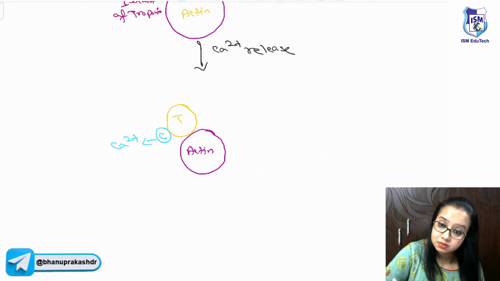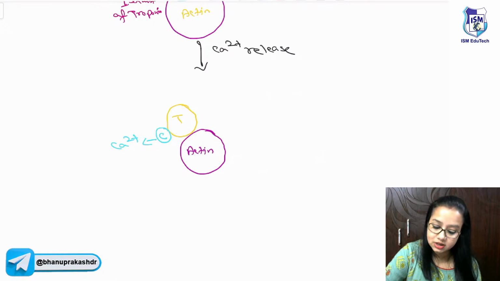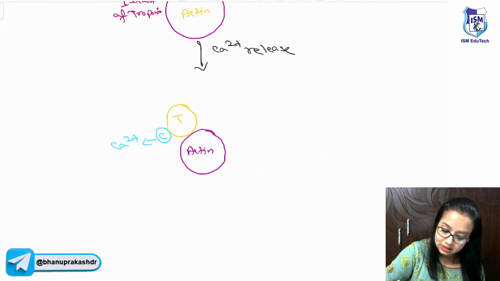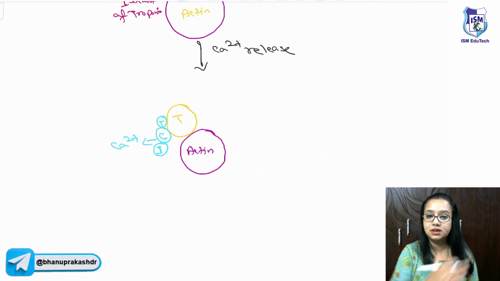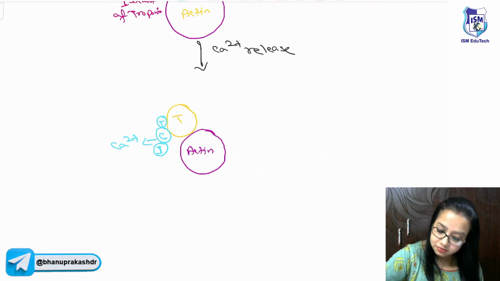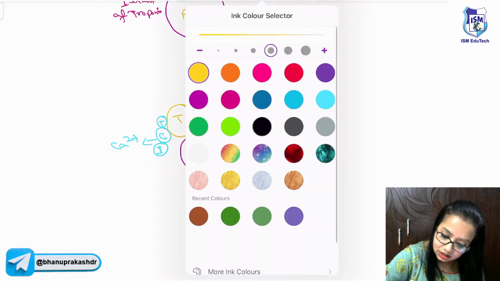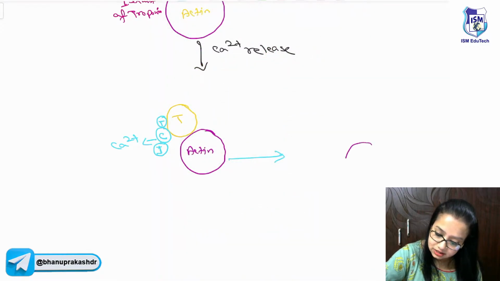And when it binds with the calcium, the other subunit, the I subunit, which was covering the active site on the actin, is pulled away. After pulling it away, it exposes the active site.